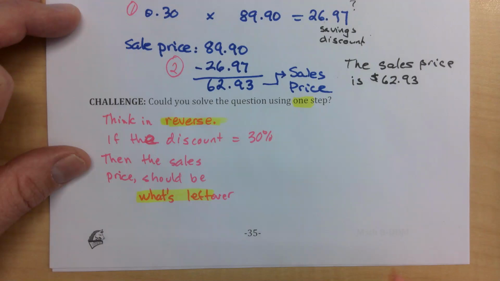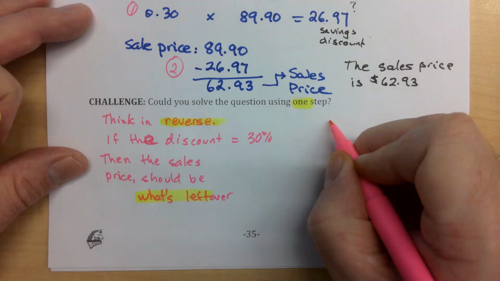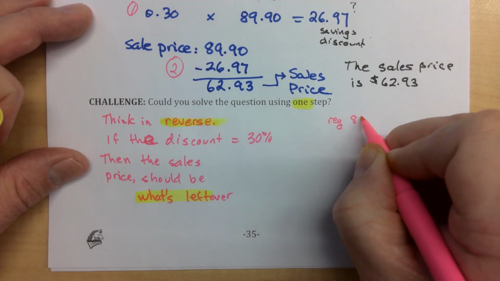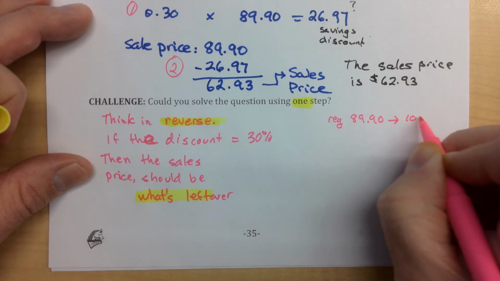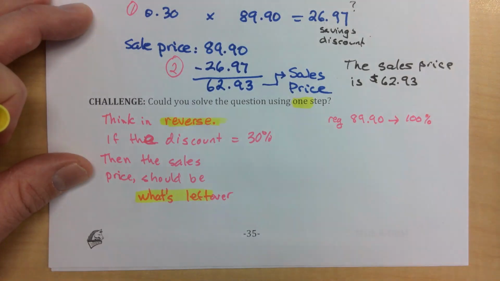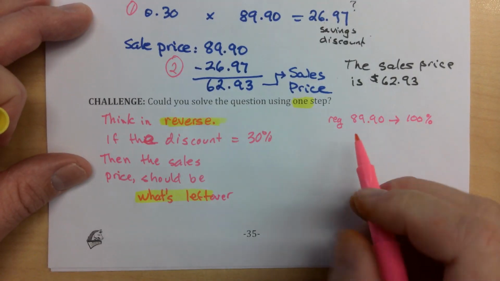I want you to try and think of this in percentages. The regular price was $89.90. That is represented by 100%. Without the sale, you'd be going to the store and paying 100% of the regular price.